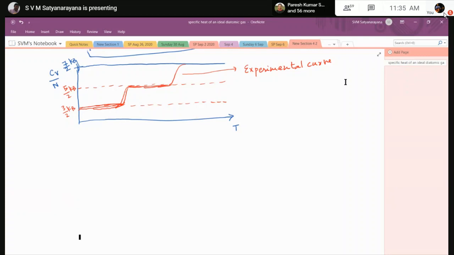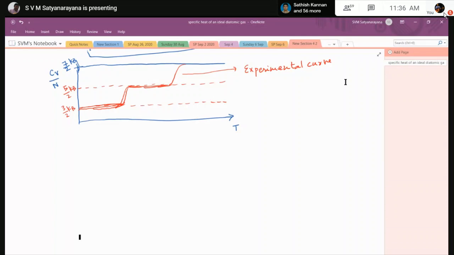That means if you have 7/2 kBT and then freeze vibrational degrees of freedom, that means freeze vibrational excitations, then you get 7/2 minus 1, that will be 5/2, and then freeze rotations, then you will get 3/2. That is fine. I can understand that within this temperature range, it should be 5/2 and 3/2.